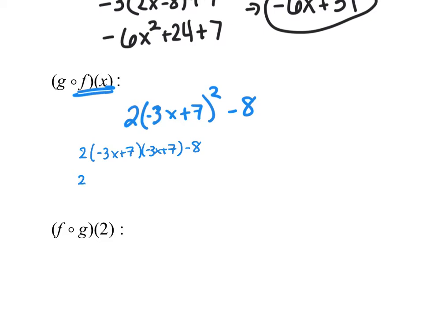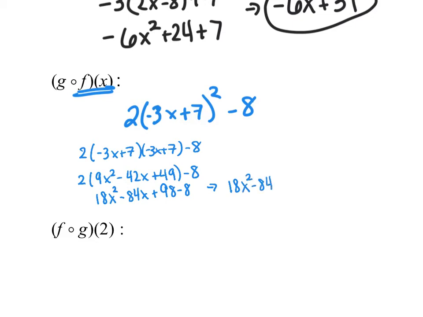So we FOIL that, we get 9x squared minus 21x, so minus 42x plus 49 minus 8. Distribute my 2, so 18x squared minus 84x plus 98 minus 8. So when I combine like terms, I get 18x squared minus 84x plus 90.